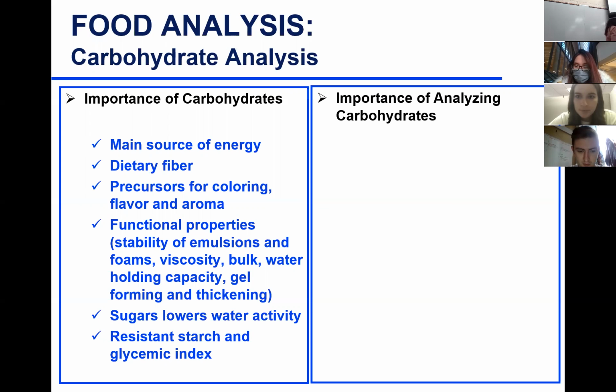So functional properties related to structure and feel of the food matrix. It also helps with preservation, fruit preserves, jams. High sugar lowers water activity and preserves your products for a longer period of time. And there is the presence of resistant starch and lowering of the glycemic index. So a lot of benefits for carbohydrates.